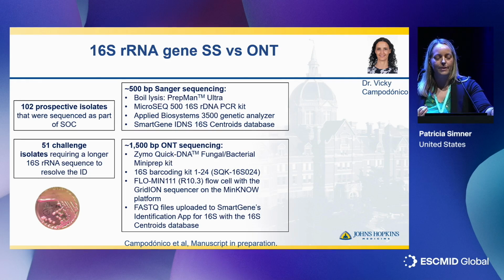For nanopore sequencing, we found the Boyle Lysis kit interfered with our sequencing, so we needed to do a manual kit-based method, which becomes important when I talk about hands-on time in a future slide, where we utilized a kit that we already were accustomed to in the clinical lab, the Zymo kit, used the 16S barcoding kit, and in this study we were still using the R10.3 flow cells, which is important, since with the new chemistry, we might see better results than what we were seeing here.